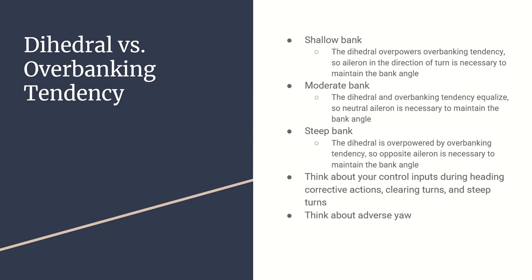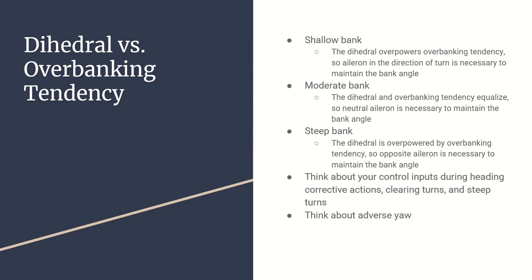If we have a moderate bank, for maybe clearing turns, then we will probably have neutral ailerons. If they're neutral, we're not going to have any adverse yaw, because the ailerons are not deflected in either direction. And if we've got a steep bank, then we will likely have to have opposite aileron, in the opposite direction than the direction of turn.